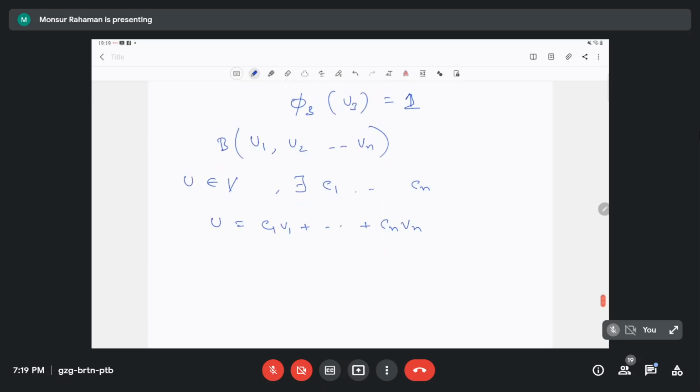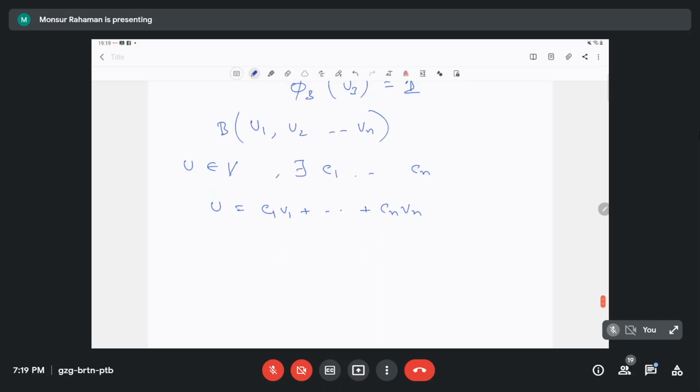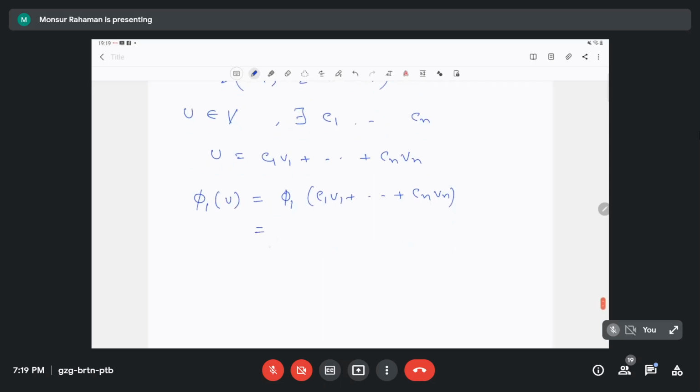So if you want to send it through phi 1, phi 1 of v equals phi 1 of c1 v1 plus cn vn, and because it is a linear functional, you can write it as c1 phi 1 v1 plus cn phi 1 vn.